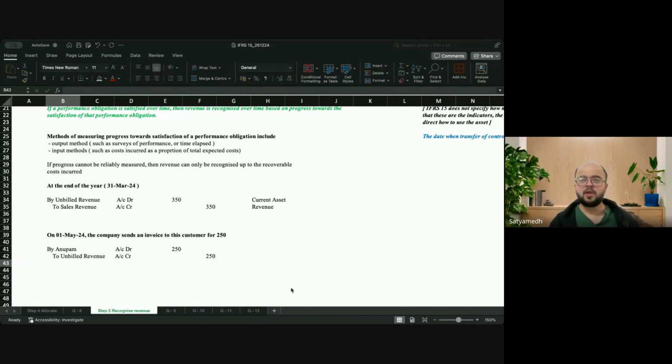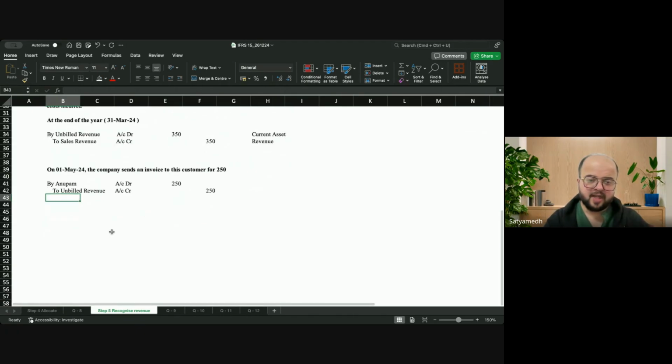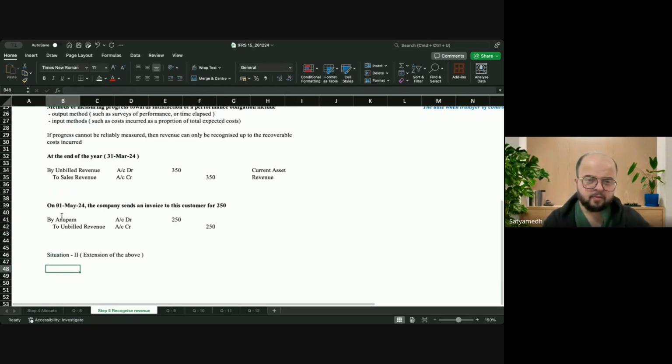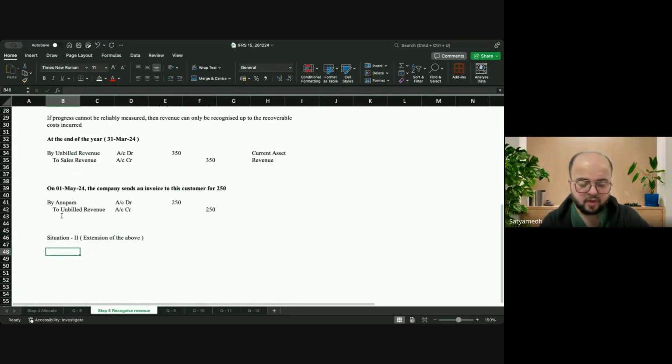You could also call it a contract asset in a certain sense. And you could also have a situation where billing has not yet happened, and revenue recognition has also not happened. We could have that situation also. Say, let's talk about situation 2, an extension of the above, or a modification of the above situation.